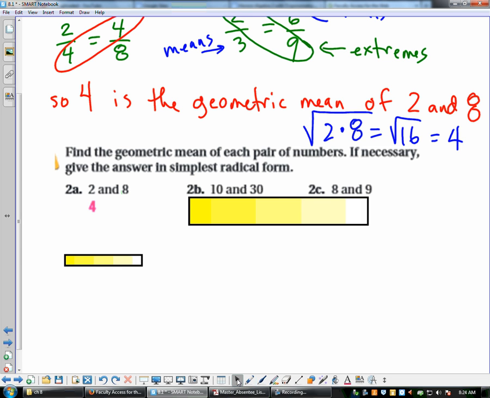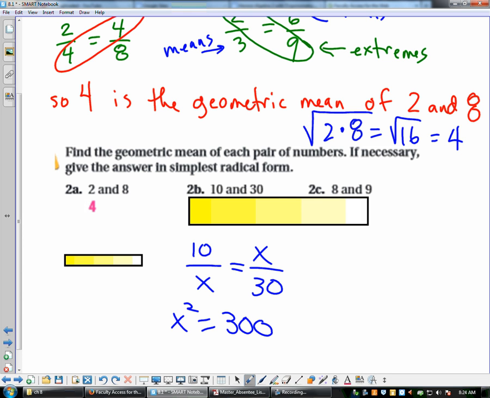All right, that's 4. What about the geometric mean between 10 and 30? You've got some choices in how to figure this out. You can say 10 is to x as x is to 30, which means that x squared has to equal 300.